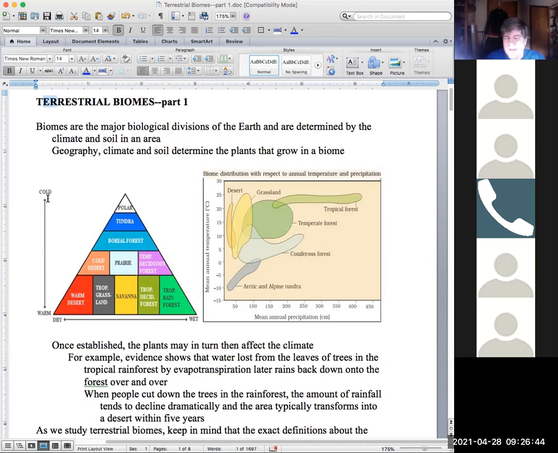On this pyramid, they have cold weather at the top and a hot climate down at the bottom. The reason they did this is just because we don't have as many biomes in cold weather, so it makes a prettier picture. Otherwise, we'd have a pyramid, but it would be standing on its tip.